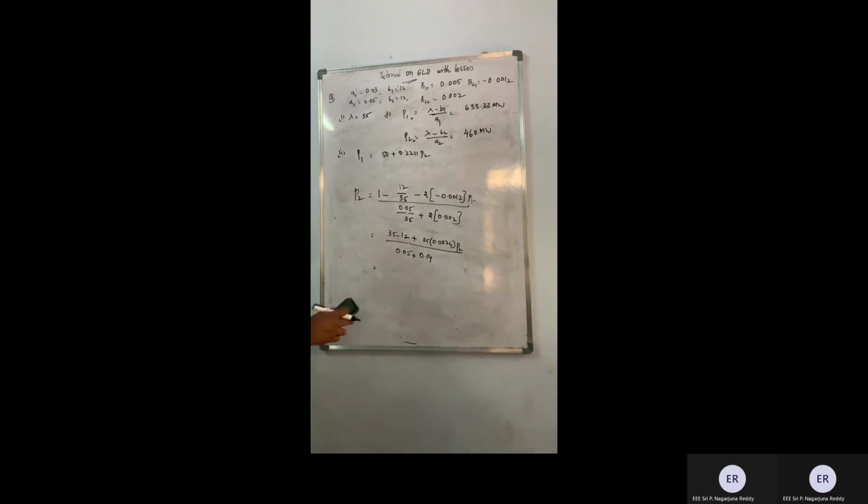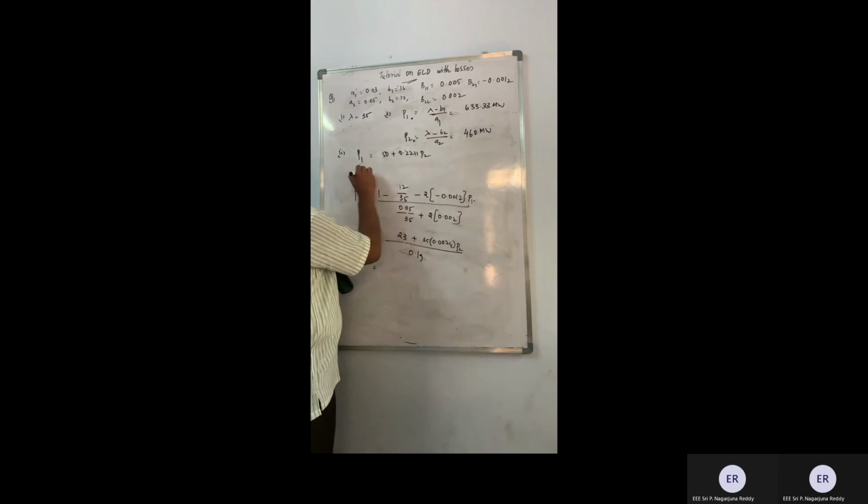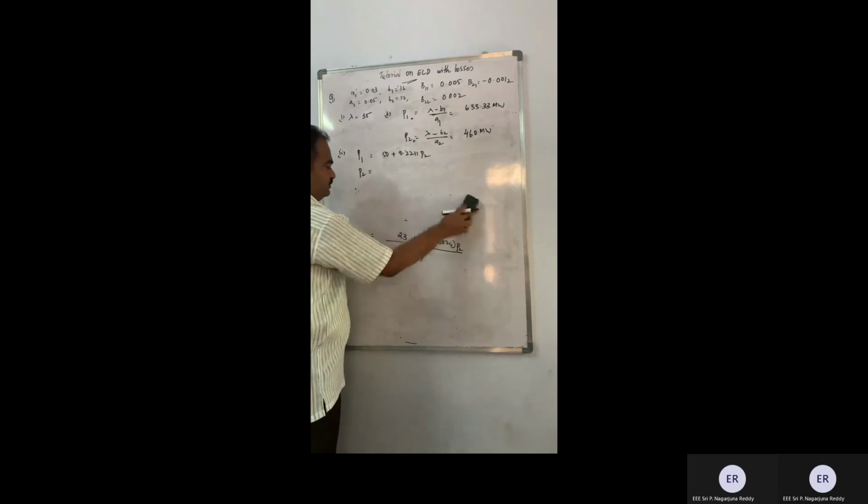This is 0.19. This is 35 minus 12, it is 23. So what I'll be getting here, P2 is equal to, so what is P2 now?